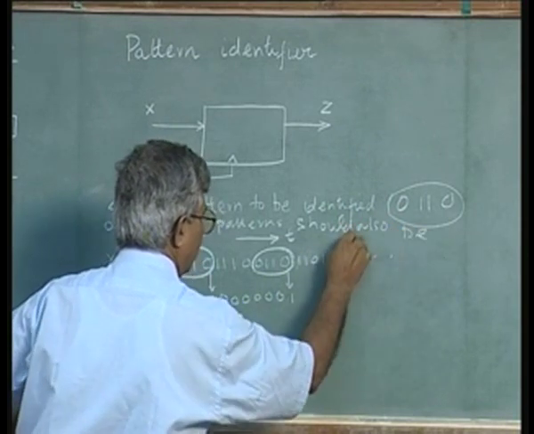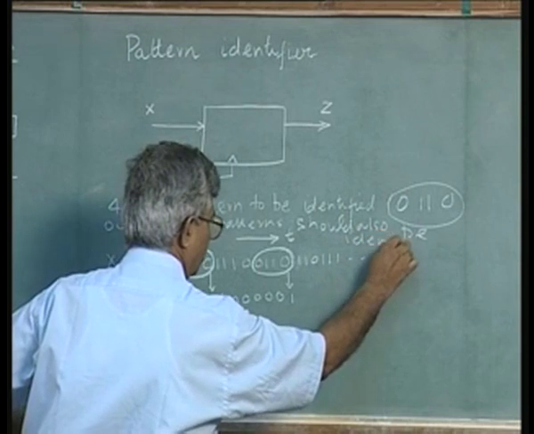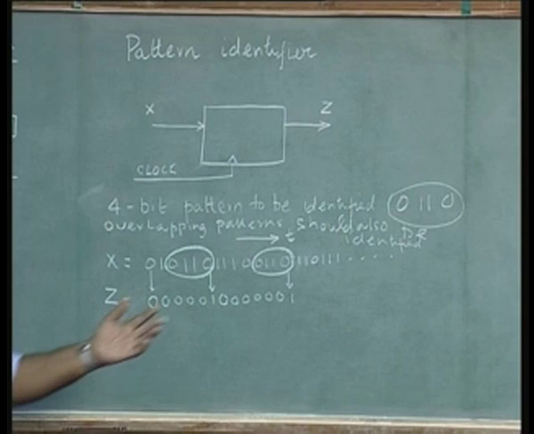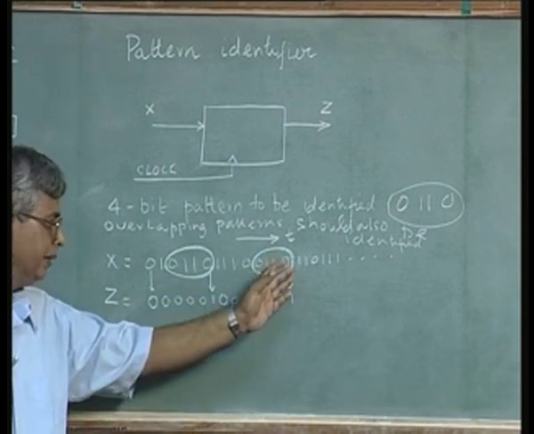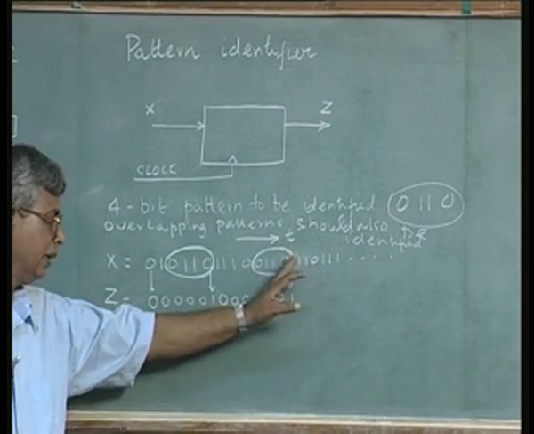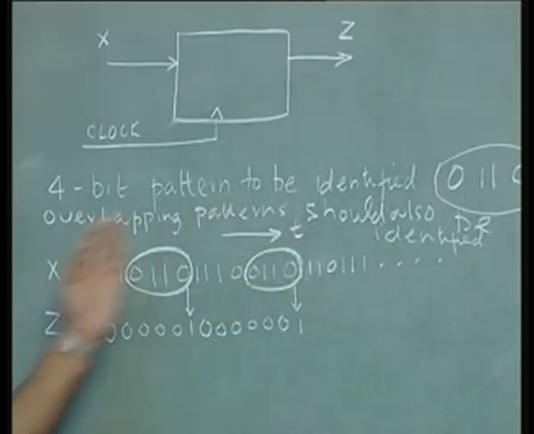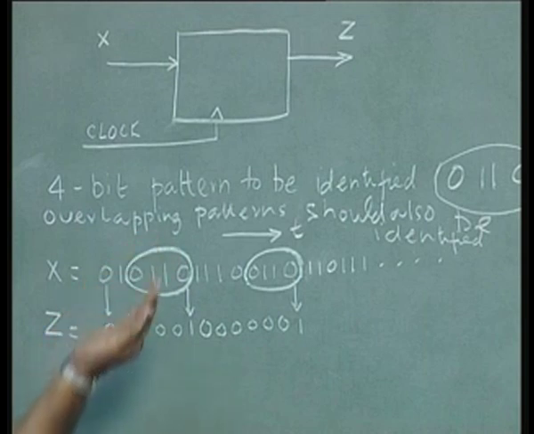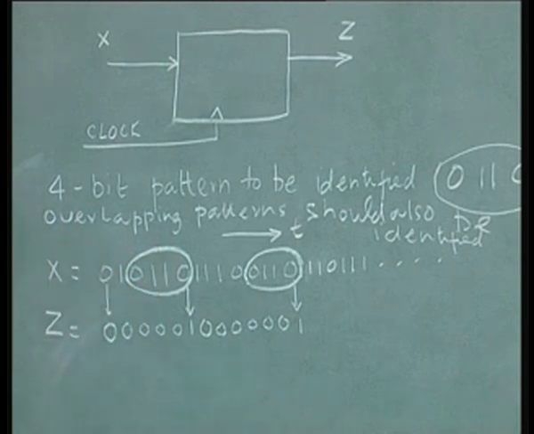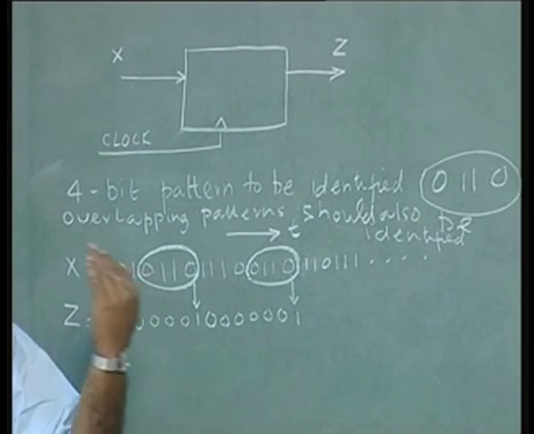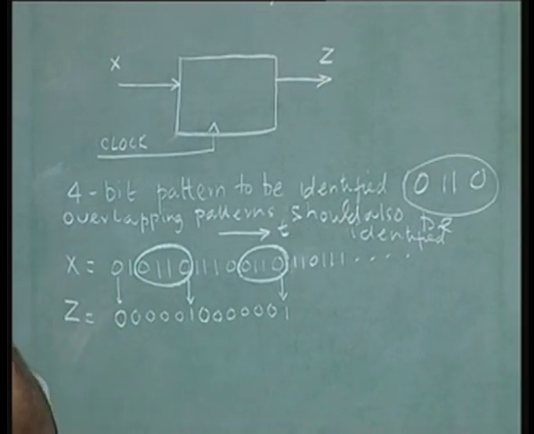If I say that, then you are very sure of what you should do. If you are not given this, then you are not sure whether I should count this 0 as a new pattern or consider this closed and start again here. The specification is very important. If the specification is not clearly mentioned, your circuit performance has ambiguity.